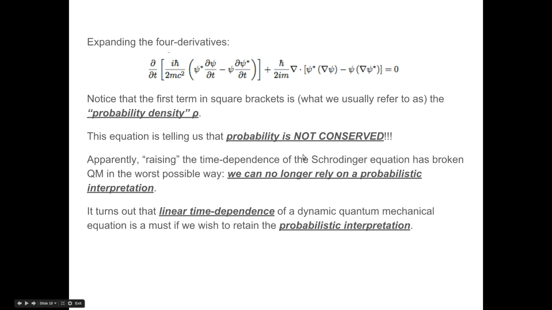But by raising the time dependence, we've basically broken quantum mechanics in the worst possible way. I can't think of a worse way to break quantum mechanics than to destroy the whole probabilistic interpretation. That's what quantum mechanics is built on.